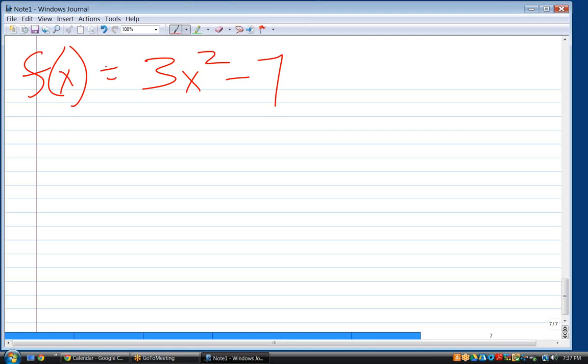The difference quotient for the function. They want the difference quotient. Not sure what they mean. Neither do I. What could they be talking about?